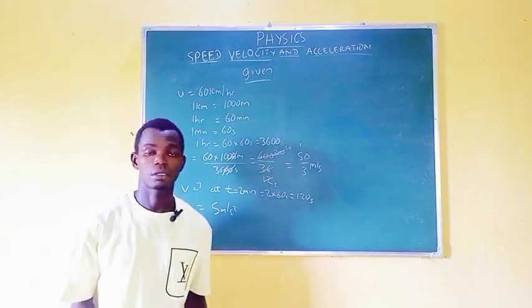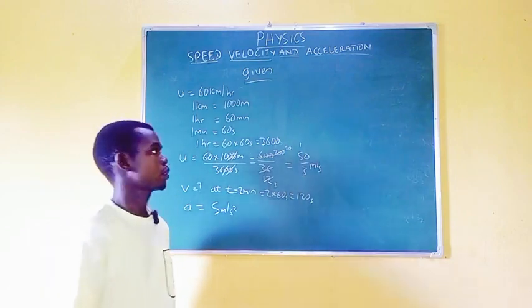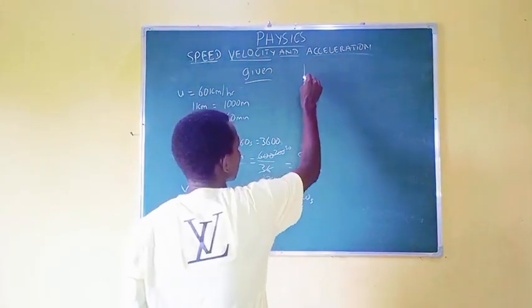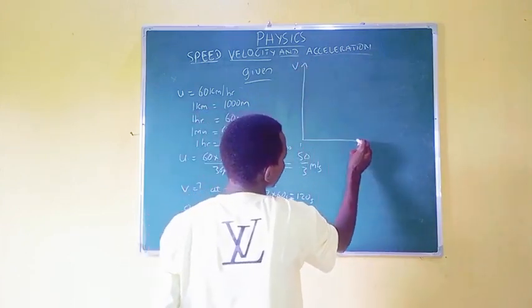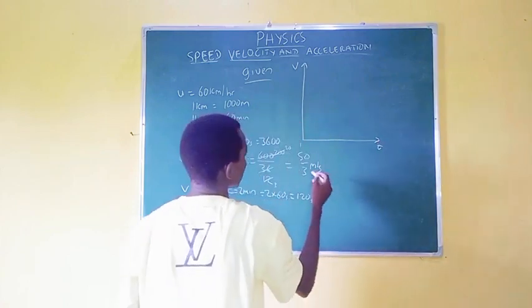From here now, we can draw our velocity time graph. Let's say the vertical axis is velocity and the horizontal axis is time.